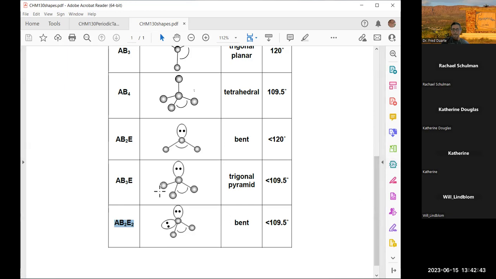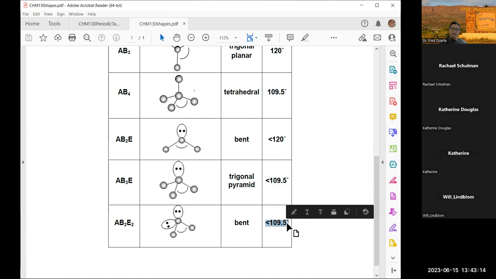The result is this bond angle between, in this case, the two B's is going to be squished and be much less than the standard bond angle of 109.5, which is the tetrahedral. That's generally our reference point. When you start putting lone pairs in there, that bond angle tends to change quite a bit, as you can see here.